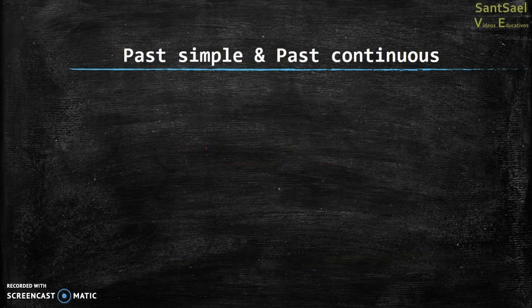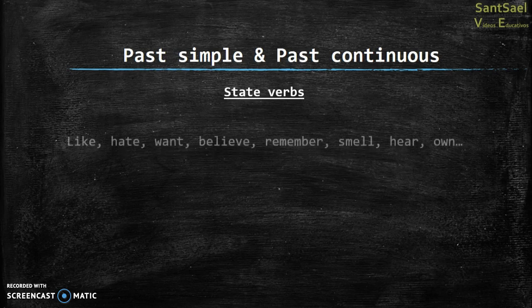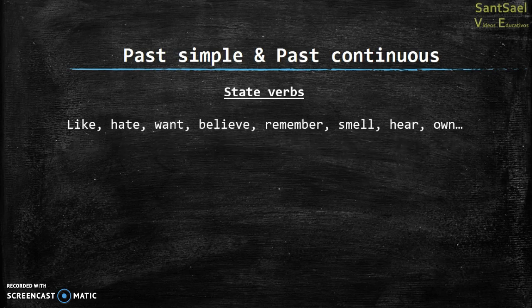I would like to remind you that we have some state verbs. These verbs, like, hate, want, believe, remember, smell, hear, or own, they cannot be used with past continuous. Why don't they use the past continuous?